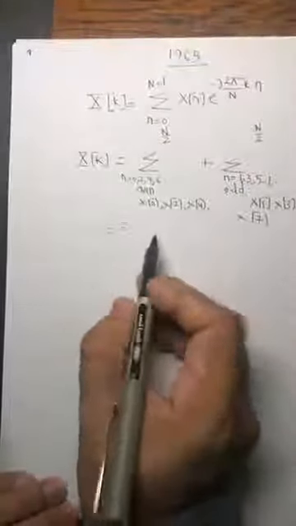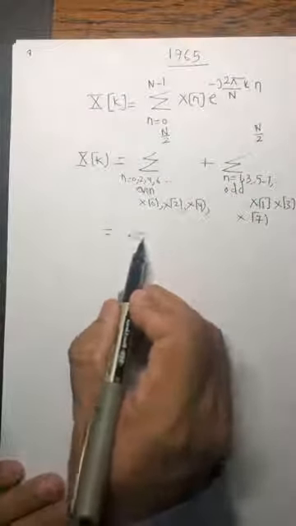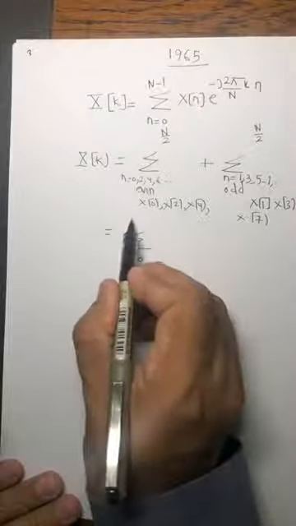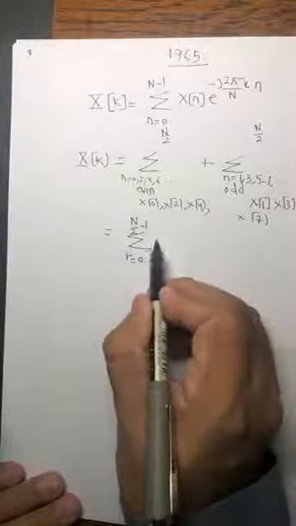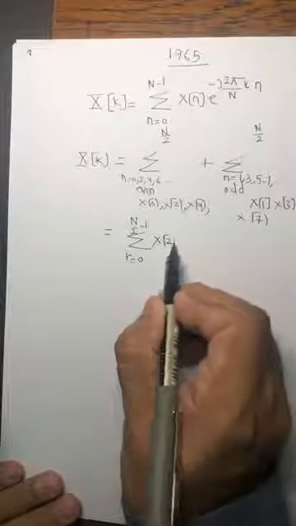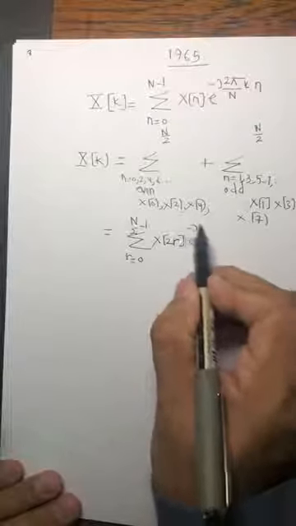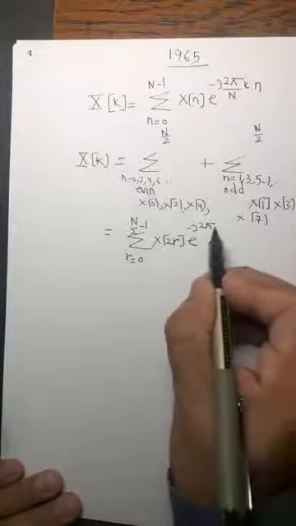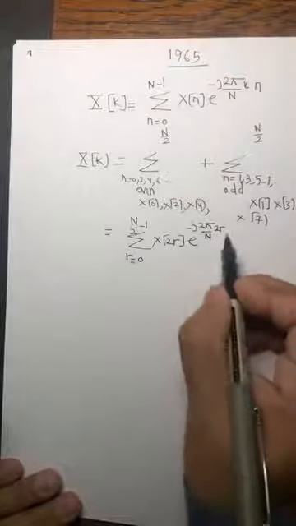So they mathematically wrote this summation for even indices as r goes from 0 to n by 2 minus 1, x of 2r exponential minus j 2 pi, so k is replaced by 2r, divided by n into n.